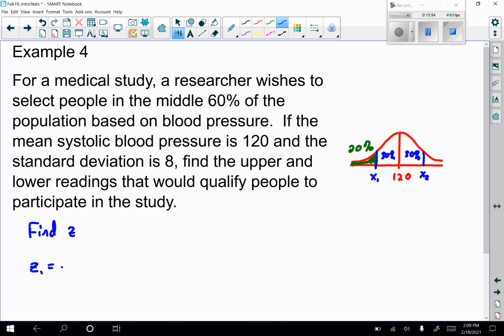All right, so that's going to equal a negative 0.84. And then we know Z sub 2 is symmetric, so that's going to equal positive 0.84.